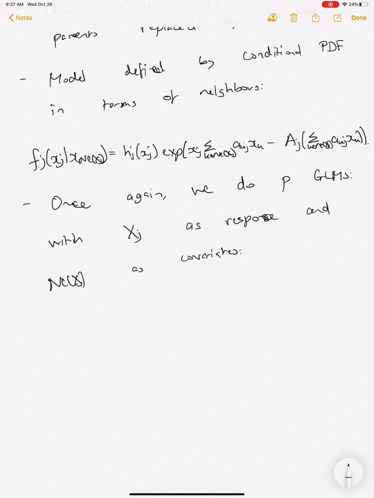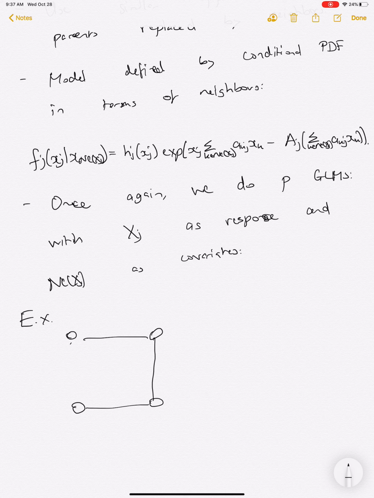Okay. I'm not going to write that out for general p because it's essentially the same as for the DAG, but we now replace the parents with neighbors. But I will do an example so that you know what you need to do.